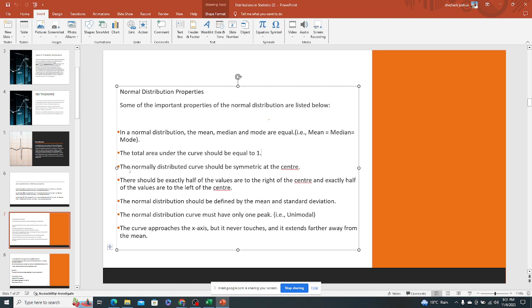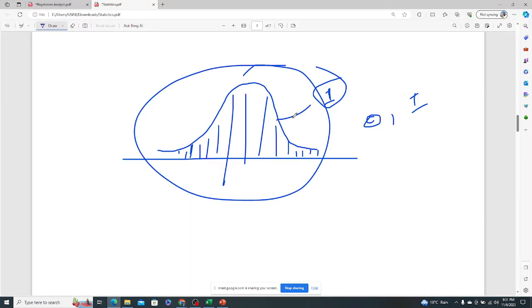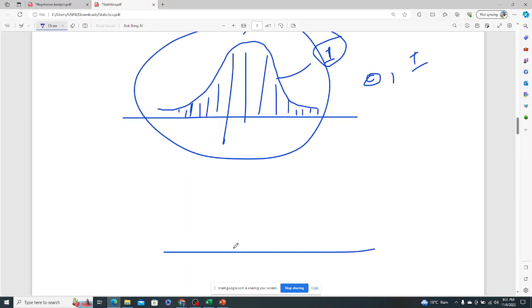Then the normally distributed curve should be symmetric at the center. This is the normal distribution.